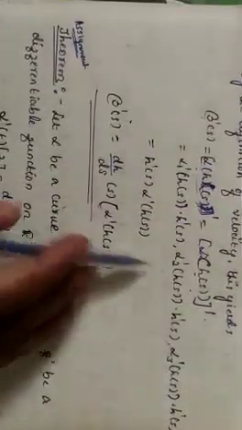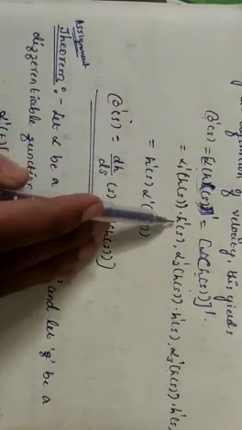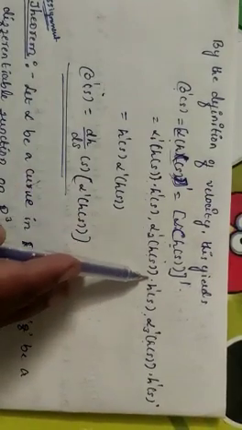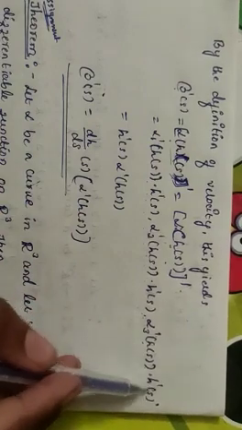Again by using the chain rule, this can be represented as alpha 1 dash of h of s into h dash of s, comma alpha 2 dash of h of s into h dash of s, comma alpha 3 dash of h of s into h dash of s.